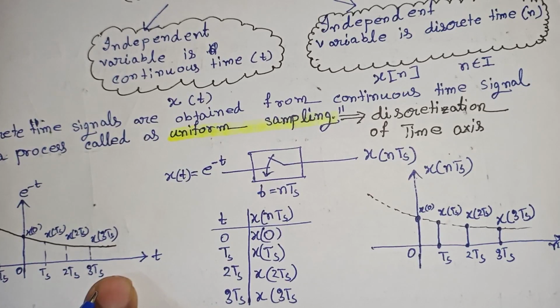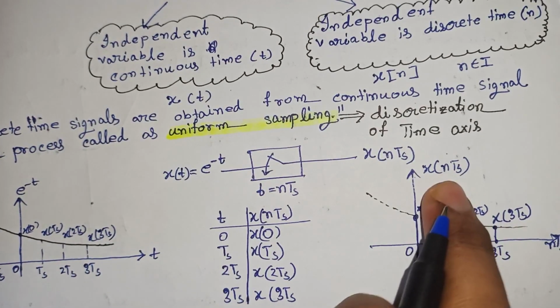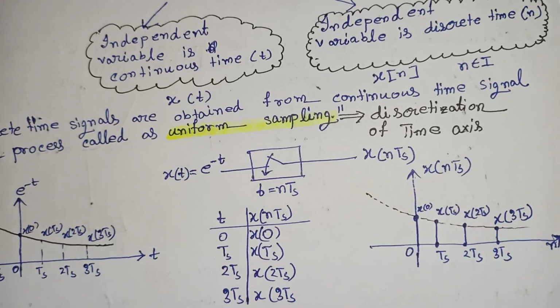So this is the continuous signal, and this is the discrete time signal, which is represented by x of nTs.